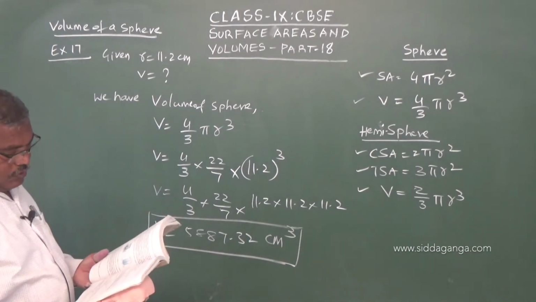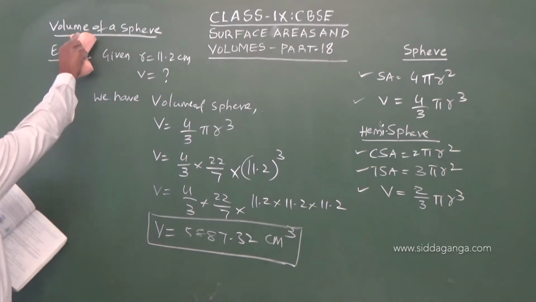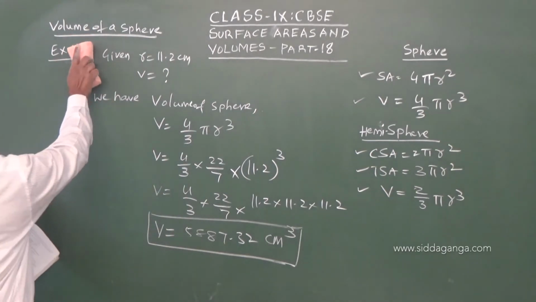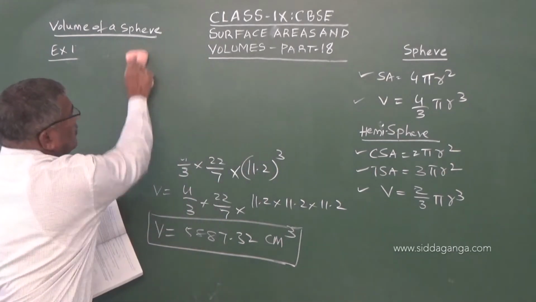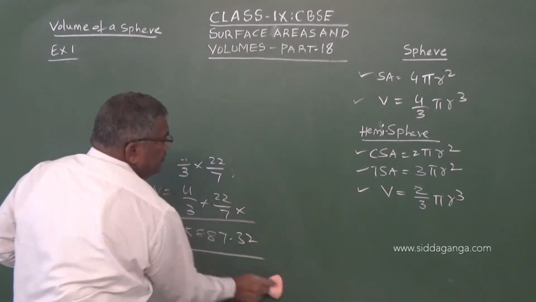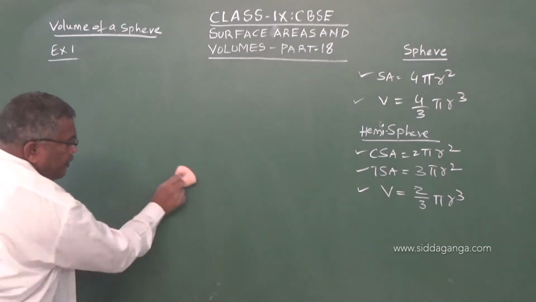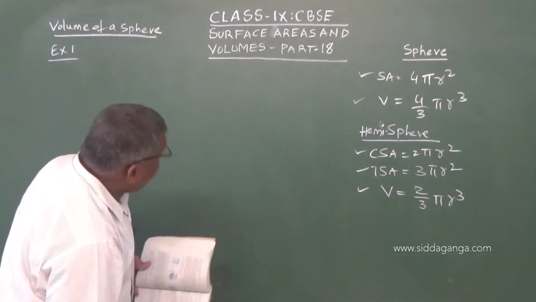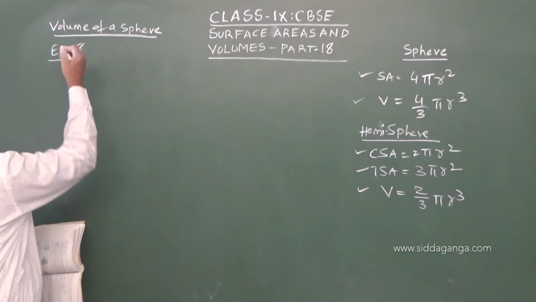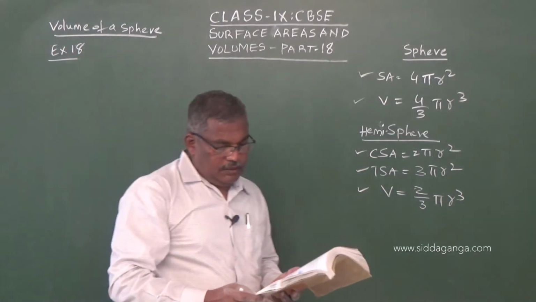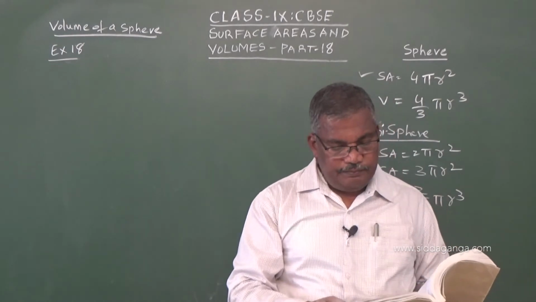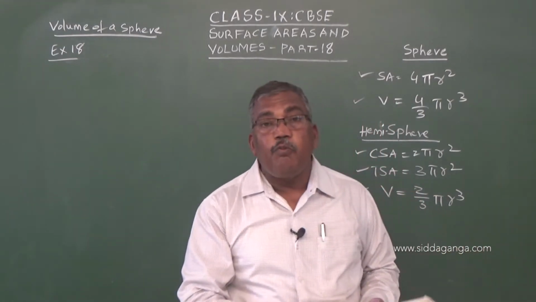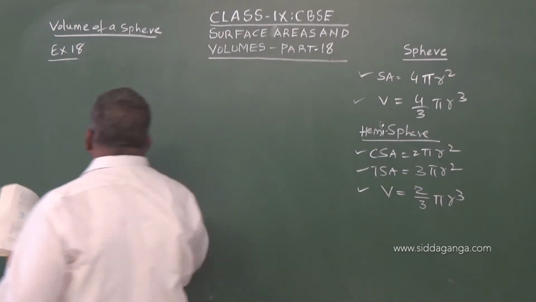Now I will move on to example 18. Next question. A shot put is a metallic sphere of radius 4.9 centimeter.